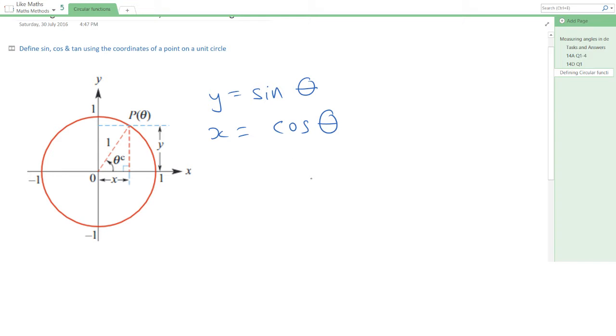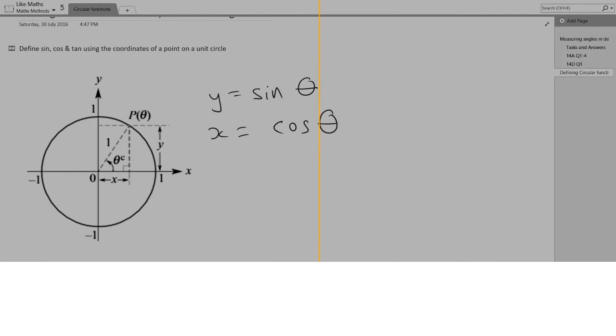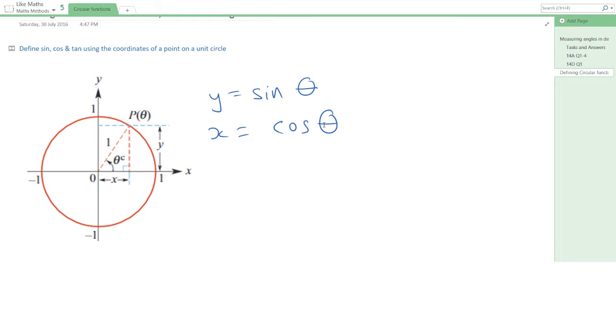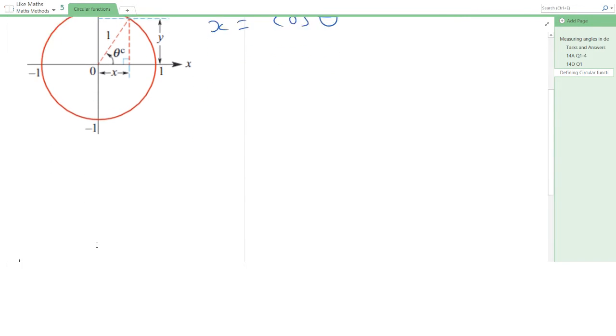The third trigonometric function is tangent, which is a little trickier to explain. Again, the fictitious unit circle.